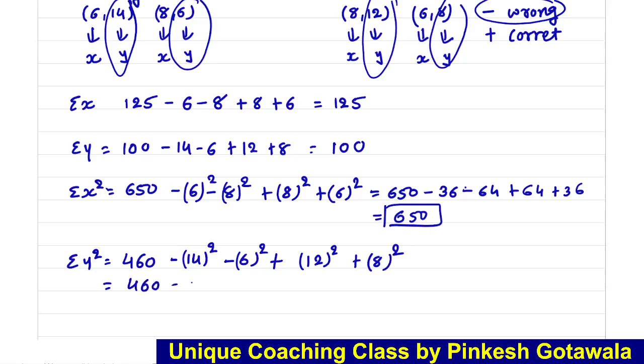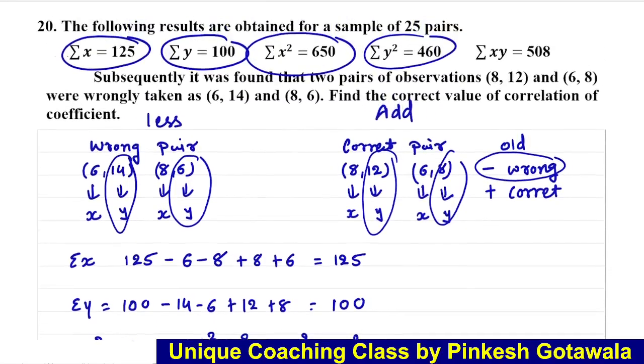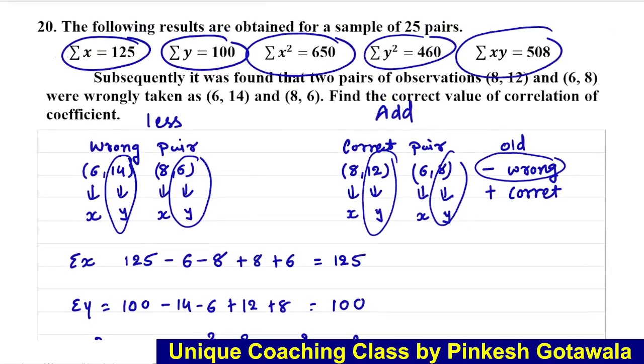So 460 minus 196 minus 36 plus 144 plus 64. So you will get 436. And now last, sigma xy 508.